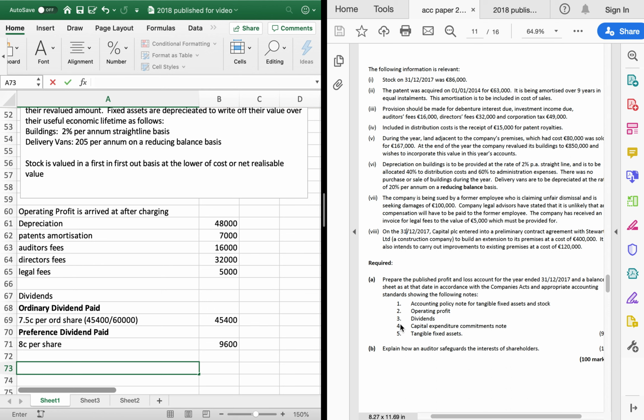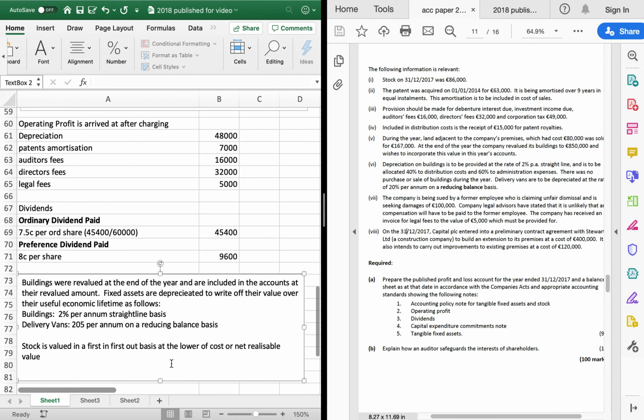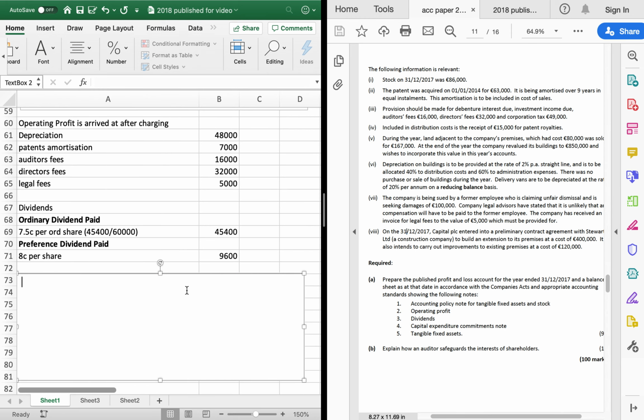The capital expenditure commitments. Now, the capital expenditure commitments, you're basically just rewriting this out here. So, just give myself a text box. You're going to get full marks.